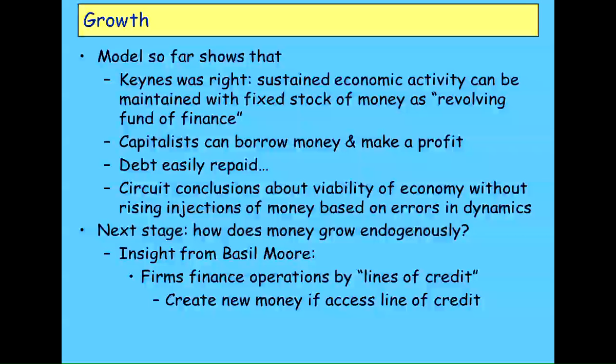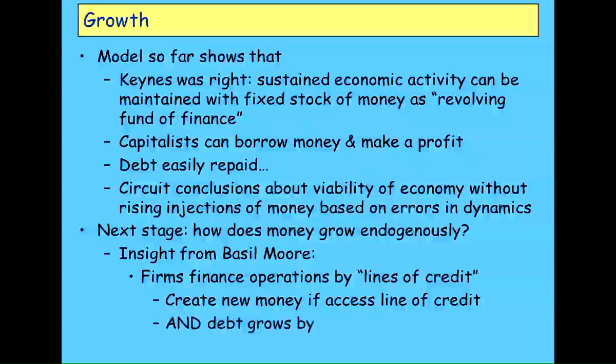If you have a $10,000 limit and you've only accessed $1,000 of it so far, then if you go shopping, you can swipe that card and buy something worth $9,000. And when you do, you increase your debt by $9,000 and you increase money in the economy by $9,000 as well. And there's no need for you to go in a bank and ask for it because you've been pre-approved. So you've got the capacity to create money by going shopping and create debt for yourself as well.